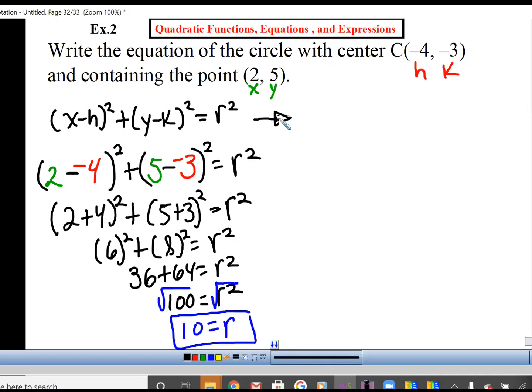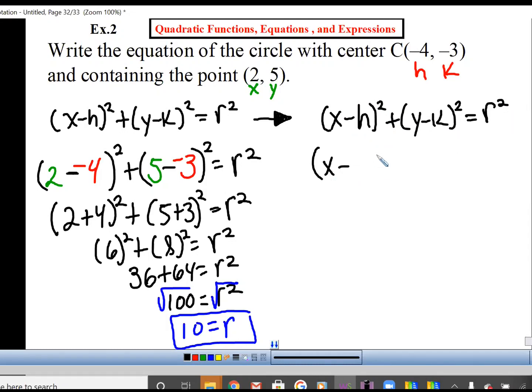That means I need to write again my general form, which is x minus h squared plus y minus k squared equals r squared. I rewrite this: x minus blank squared plus y minus blank squared equals blank squared. Let's substitute values.